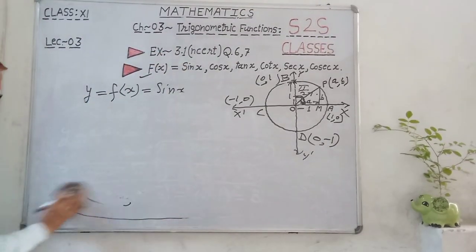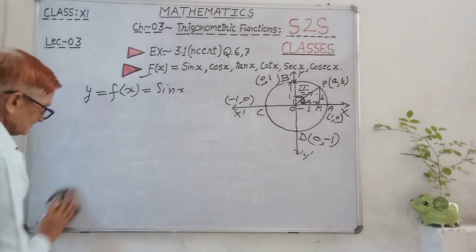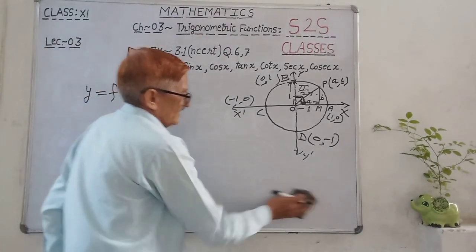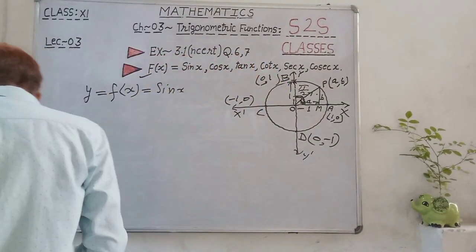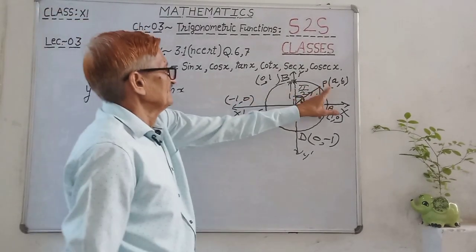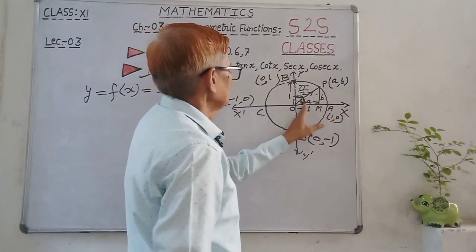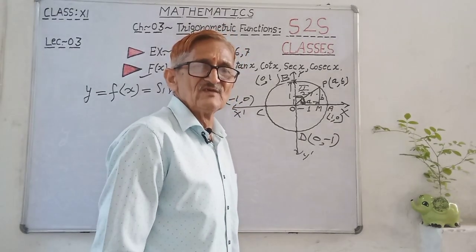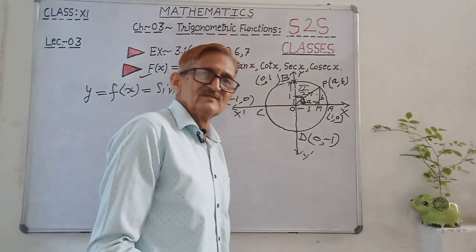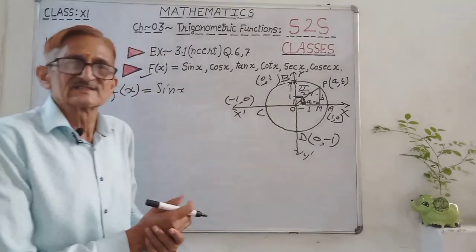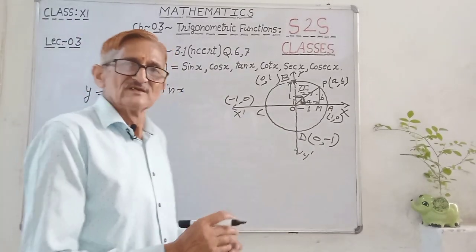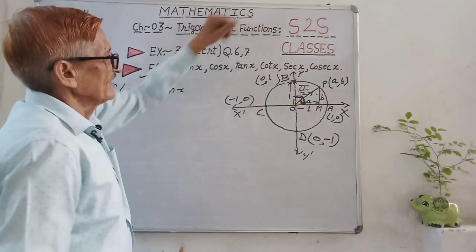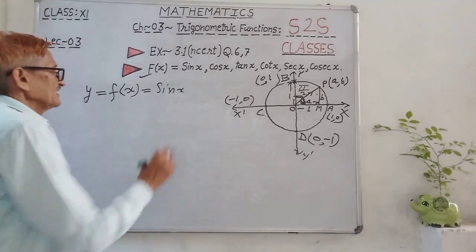What is the angle at the center, okay, that always. So according to the angle point B will come, A comma B, cos x comma sin x. So what will be the angle? According to that angle we can find.